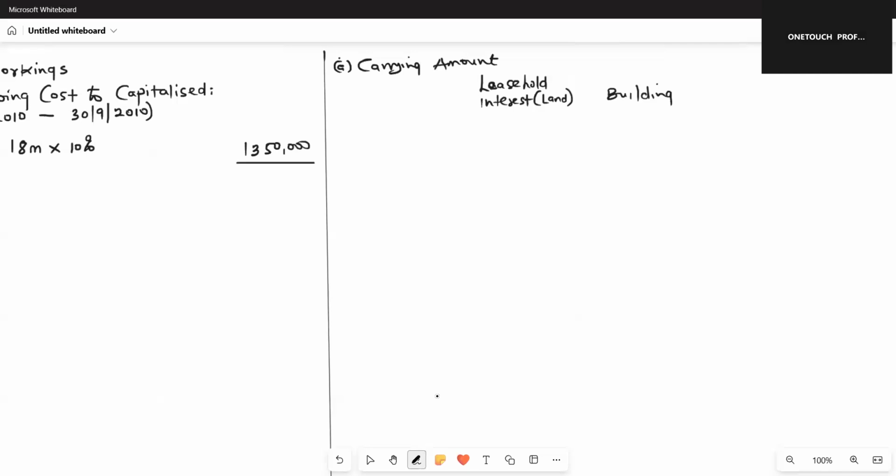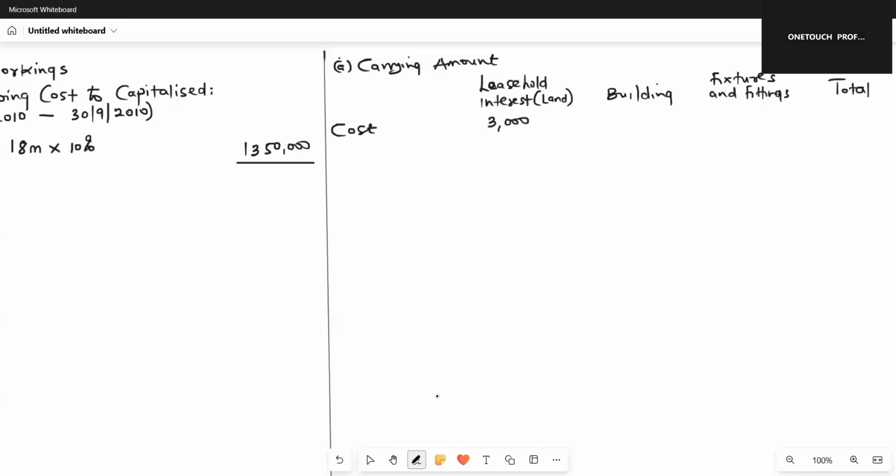Then we have the fittings. Then you add the total because they want the carrying amount for the whole mall. So what is the cost of the land? 3 million, right? Yes, 3 million.